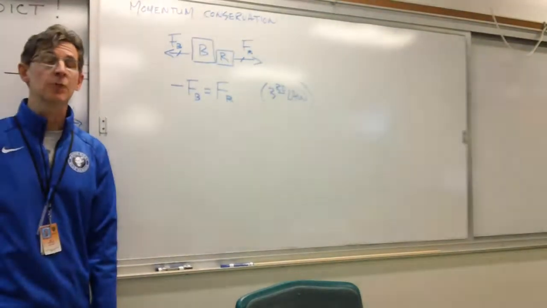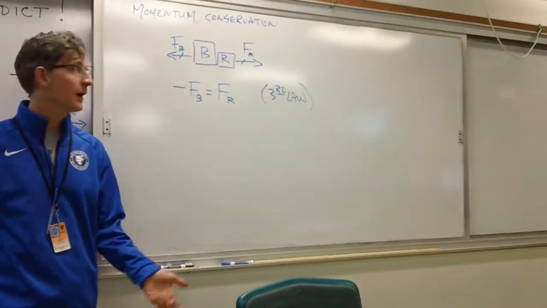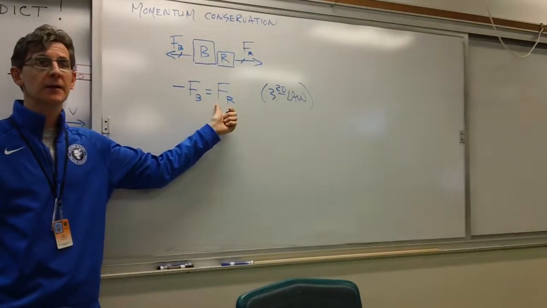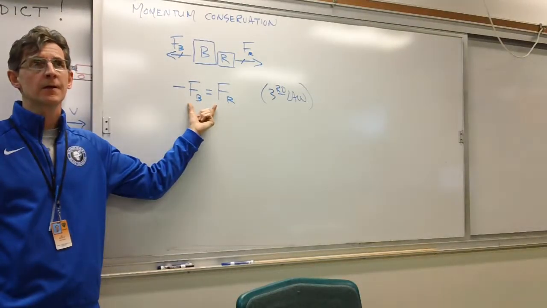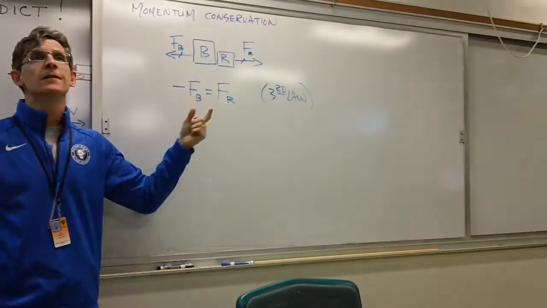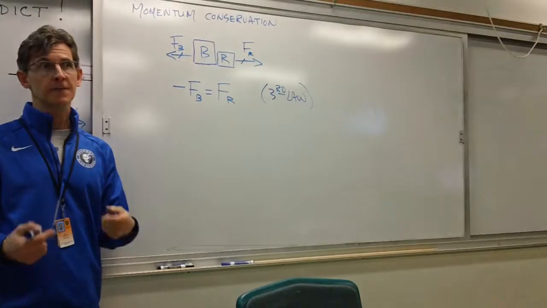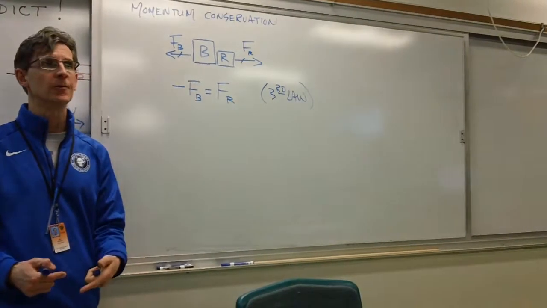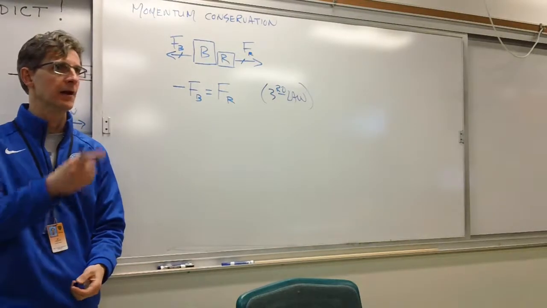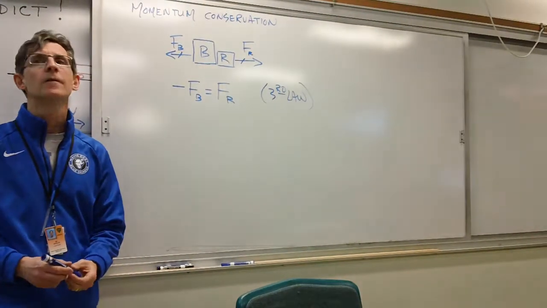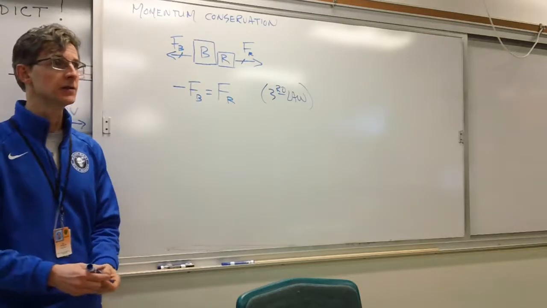Now, how do I relate this to momentum? I don't see momentum in here, and yet this is really important. This is going to be our starting point. Do you remember how you relate force to a change in momentum? It's the thing we've been doing for a while now: F net times t causes a change in momentum.